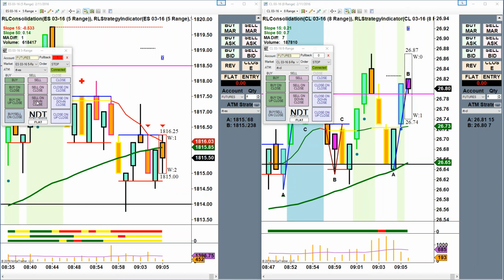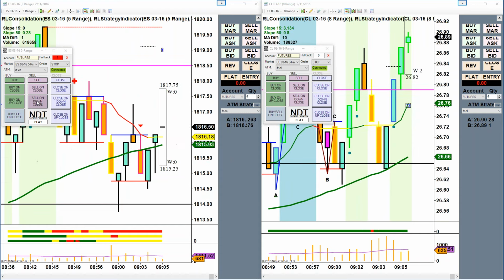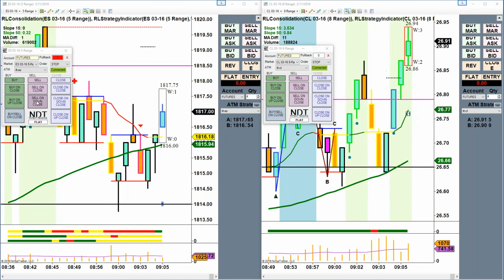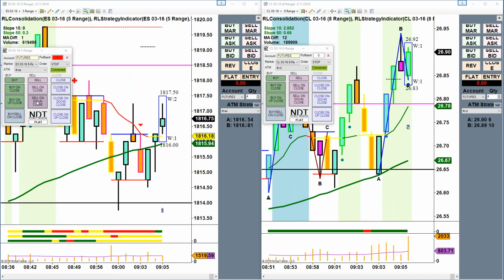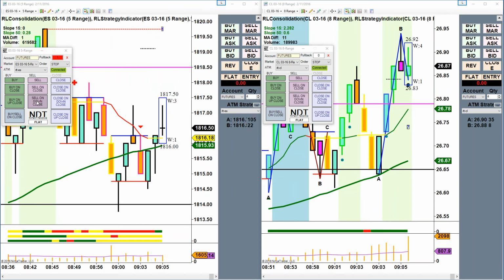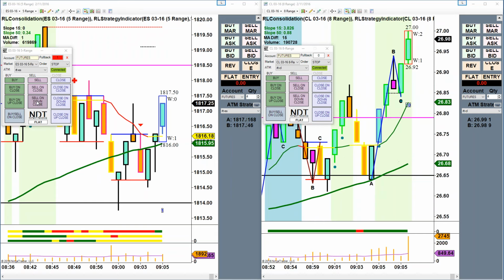Crude's trying to break the value area high. That just did. Oh, it's 7 ticks off support. Needed to pull back more. Needed down close on crude.